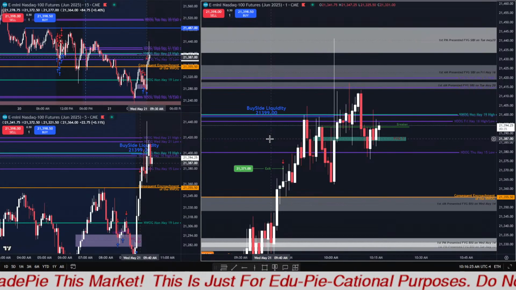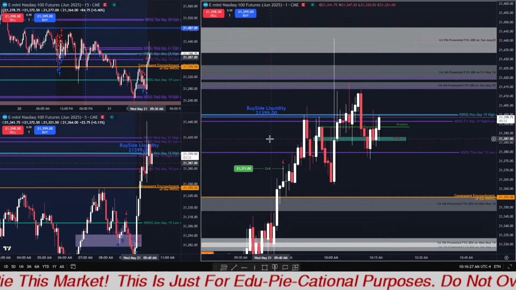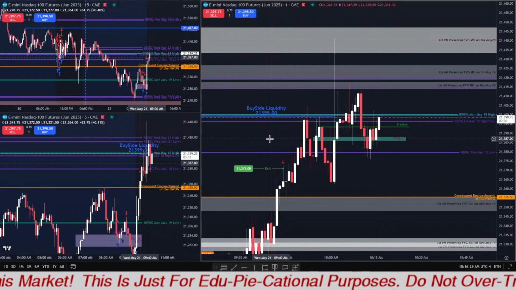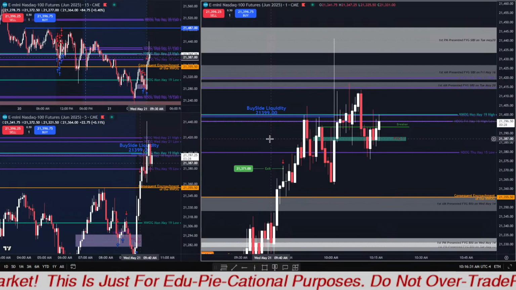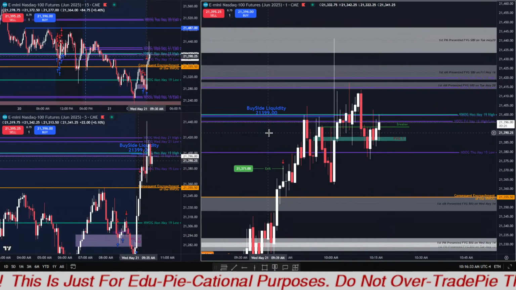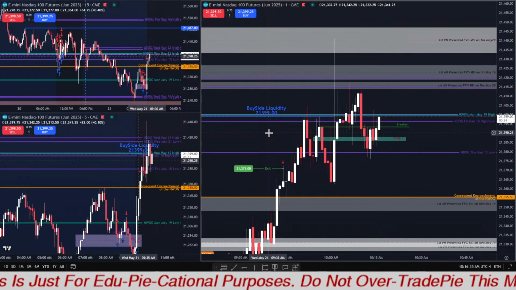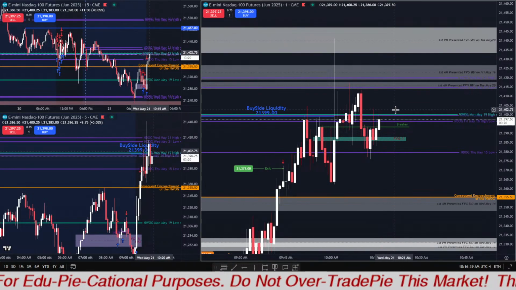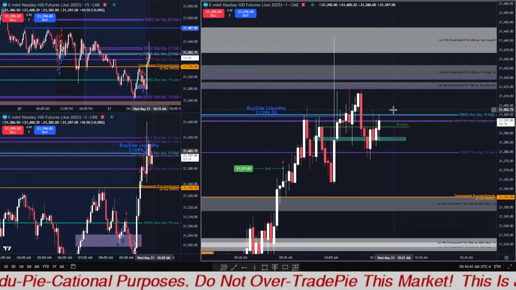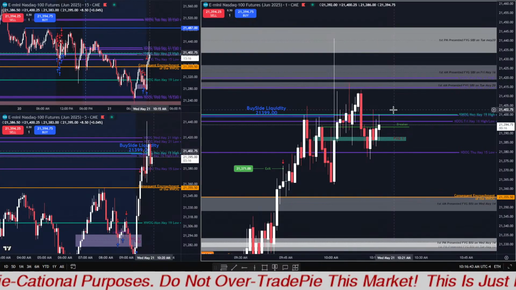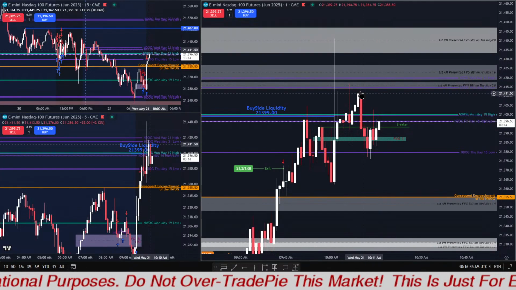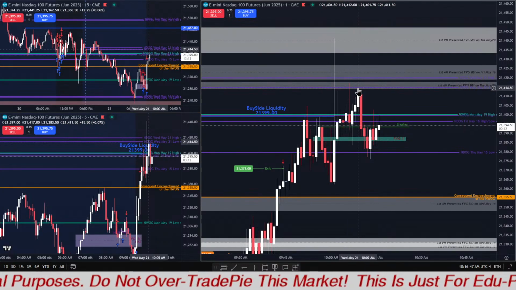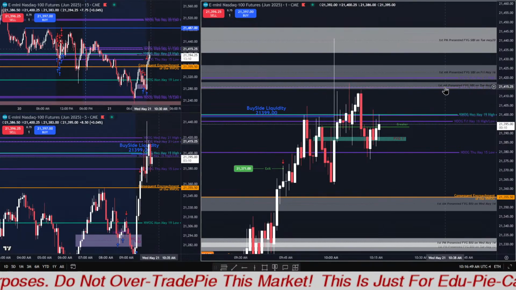Okay, this is more beautiful. For this candle, I am expecting it to close above the new week opening gap's high, and the very next candle goes toward these relative equal highs over here.